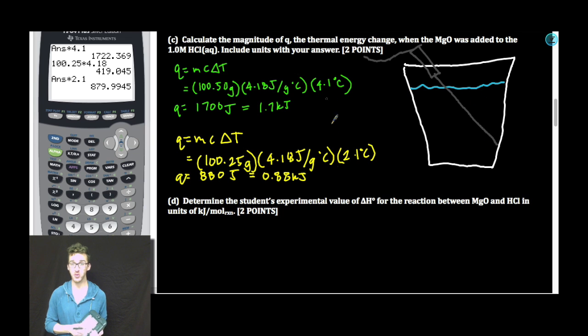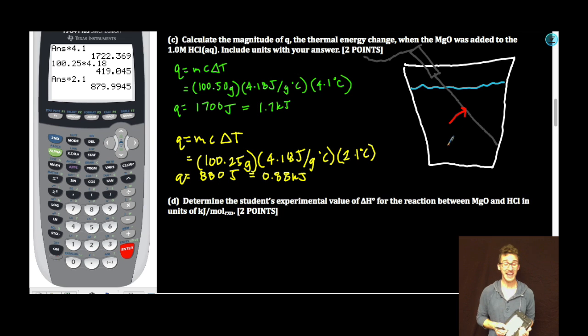When we determined the thermal energy change in Part C, we got a positive value for Q. And as you think about why, I like to think of it as the heat being absorbed by the temperature probe. So it makes sense that our Q values are positive. However, in Part D, as we're asked to determine the experimental value of delta H for the reaction, the reaction is actually giving that heat off, or losing heat.